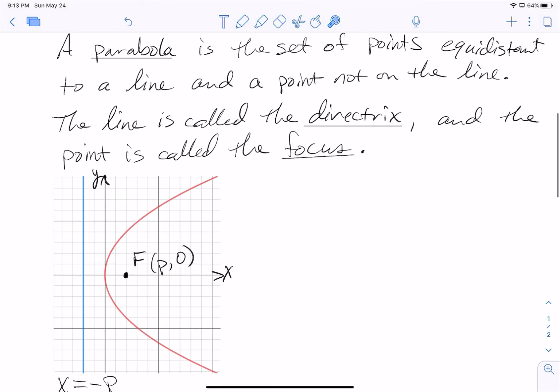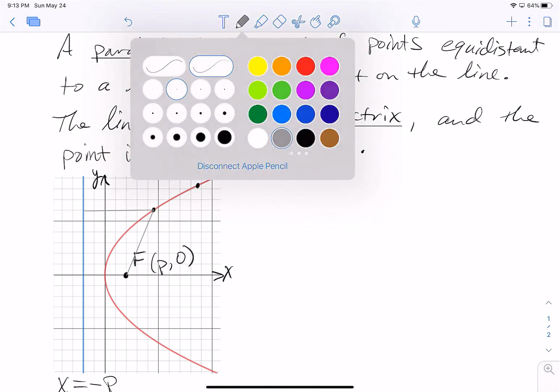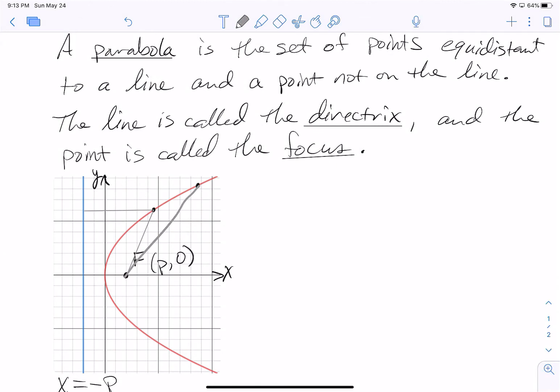Now, this statement about the set of points that are equidistant to a line and a point not on the line means that for any point on the parabola, the distance from the focus to that point will be the same as the distance from the directrix to that point. And what defines the parabola is it doesn't matter what point we use on the parabola, those two distances will always equal each other.